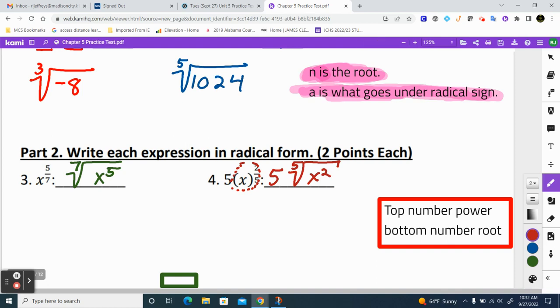Whatever type of nomenclature, phrasing, language, symbols, however, you've got to remember how to do it. Again, this is an easy 2 points. And that is it for number 3 and 4.